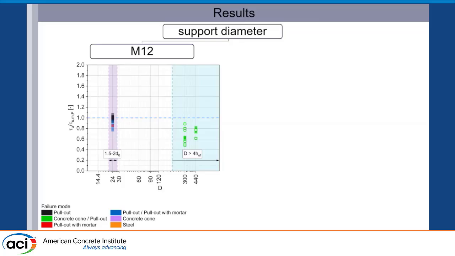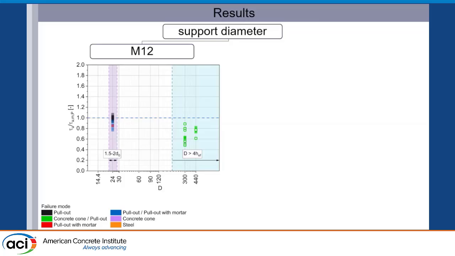So if you see here, on the x-axis we have the support diameter, and on the y-axis we have the ratio between the bond strength and the bond strength only for the failure mode pull-out within the same series. You can see here that this ratio is a mean value at approximately 1.